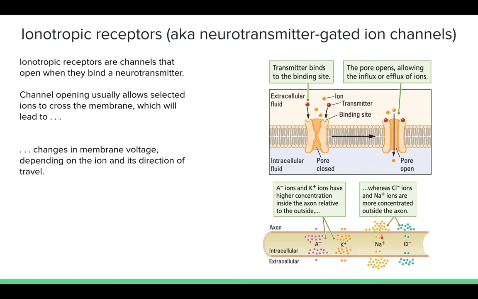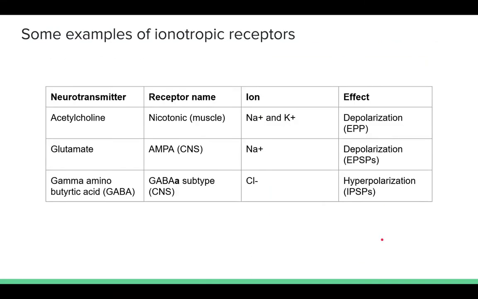If we let positive ions in, that's going to increase the voltage of the cell. So here in this little table are some examples of neurotransmitters that you've heard about before, the ionotropic receptors that they can bind to, the ions that those receptors are specific for, and the effects that they have.